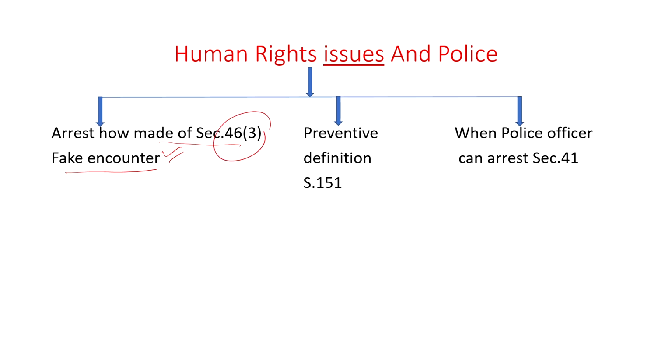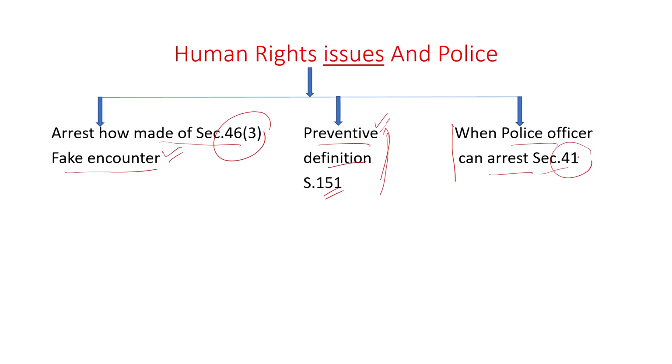In order to avoid fake encounter, there is preventive detention. Police officers are empowered to arrest any person even though an offence has not been committed. That detention is known as preventive detention. In order to avoid commission of a cognizable offence, the police officer has power to arrest any person before the commission of the crime, so the police officer should take care while arresting any person.